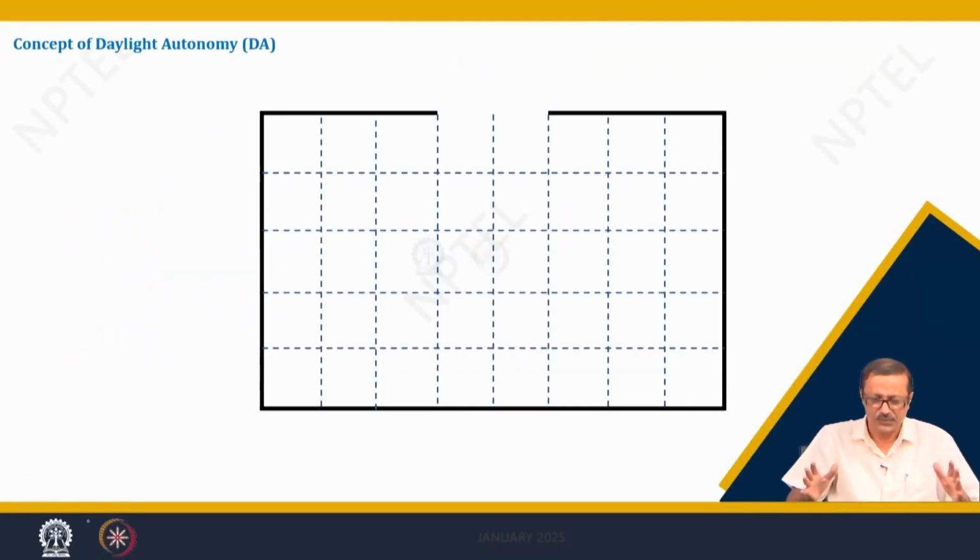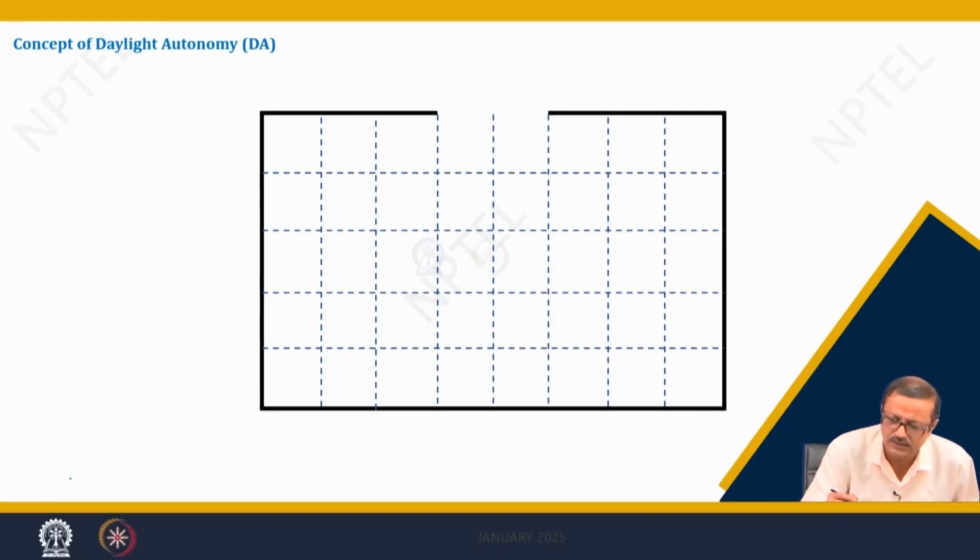So, here suppose this is the window, one small window, and this room has some grids. Mostly we see that these areas just next to the window will be very well illuminated, whereas this corner area will not be so.